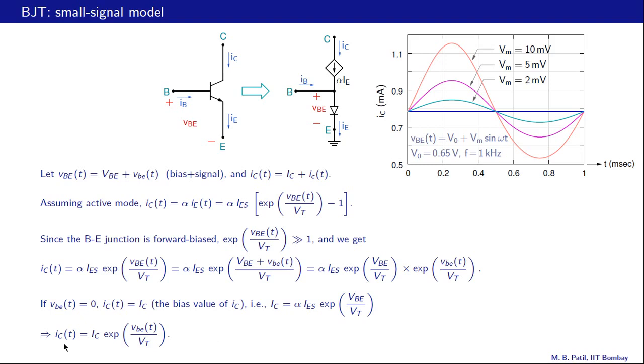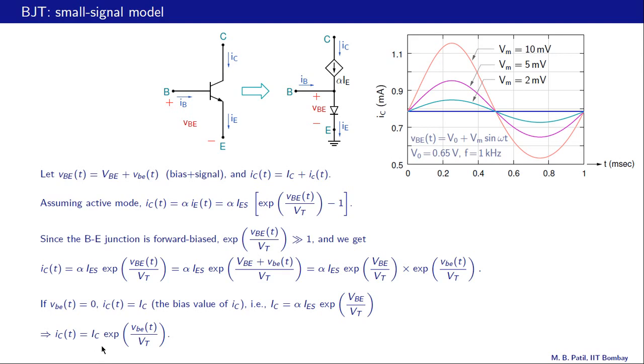So from all of this algebra we get IC of t, that instantaneous collector current, is the DC or bias collector current multiplied by e raised to VBE of t divided by Vt. So in this term there is only the time varying component of VBE. In this term there is only the constant component of VBE.